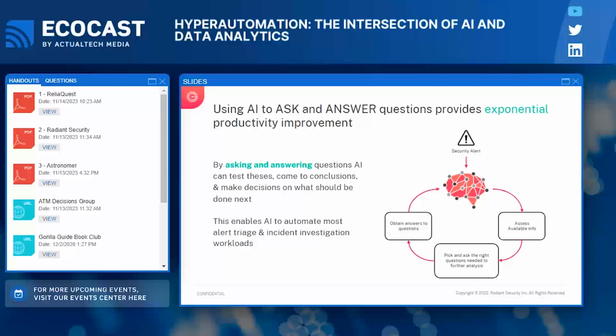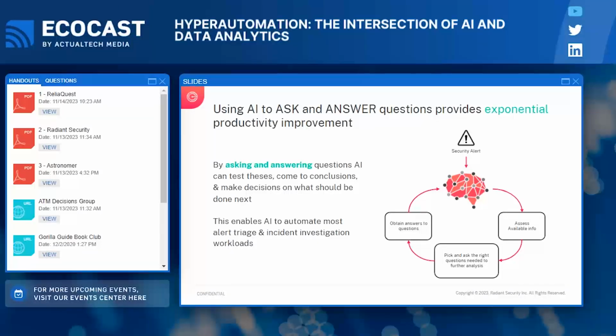And instead of just having an analyst look at the security alert and figure out what questions to ask, like if it's a phishing email alert, who looked at this, who clicked on it, where did the links go, are there any identity forms on the other end of the page or the URL, the AI is looking at the information available and saying, okay, if I want to figure out if this thing is malicious or not, what questions do I need to ask and go get the answers to, that will get me one step closer to figuring out that conclusion.